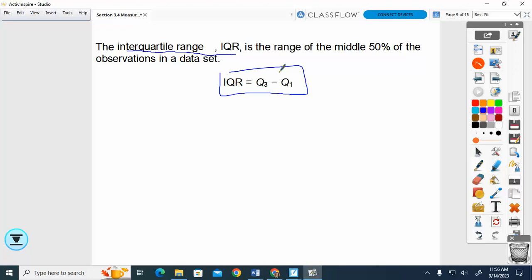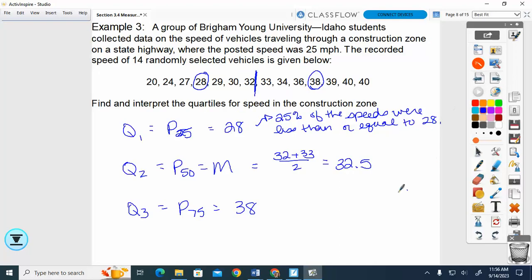So if I wanted to find the interquartile range of my previous example, what would it be? So if I look at this one, IQR would be 38 minus 28, which is 10.